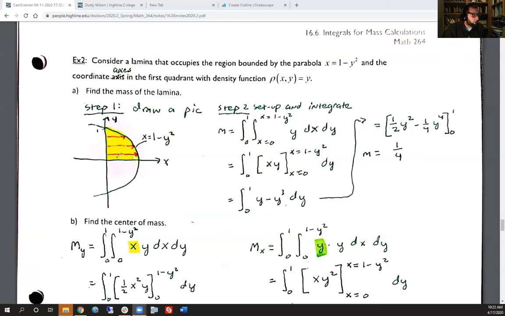So it'd be at 1/3 in the x, and at 8/15 in the y. 8/15 is just over half, so maybe right here. So we're saying that our centroid is this point right here.